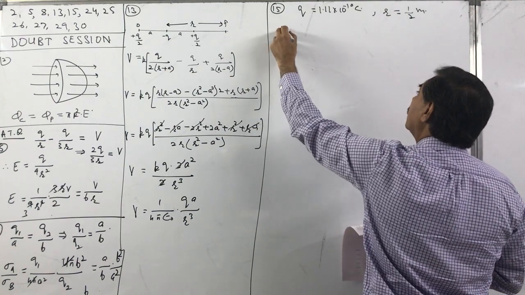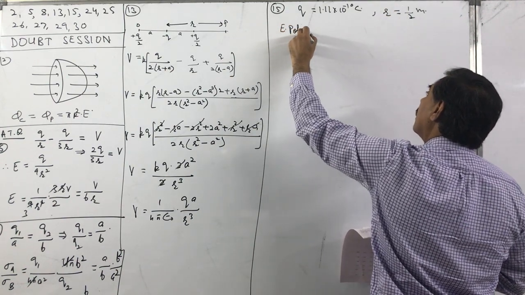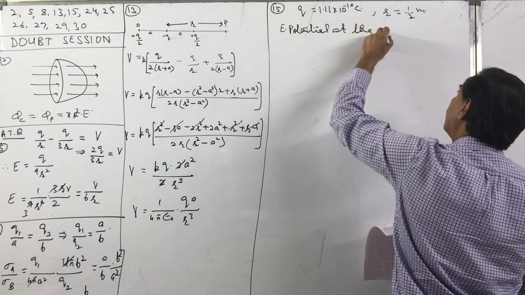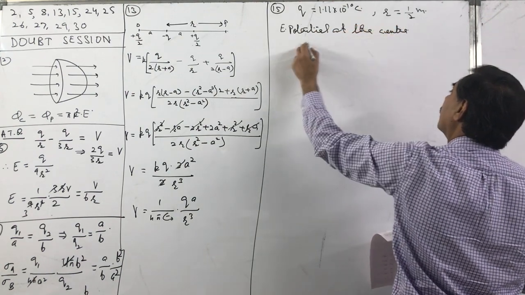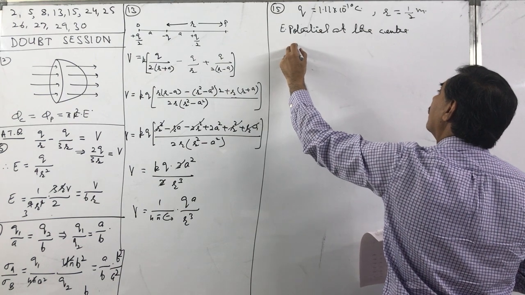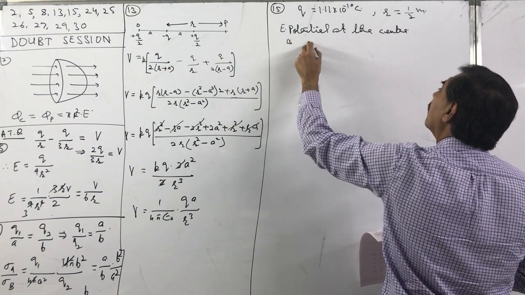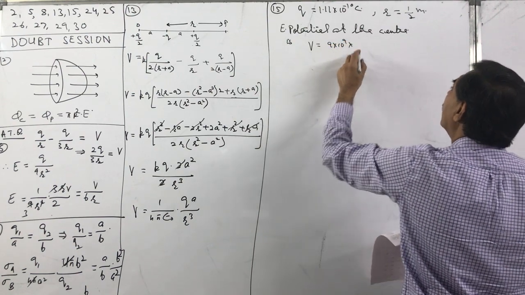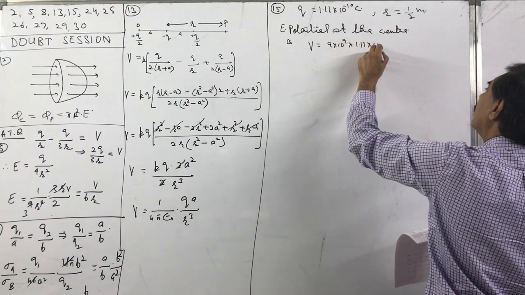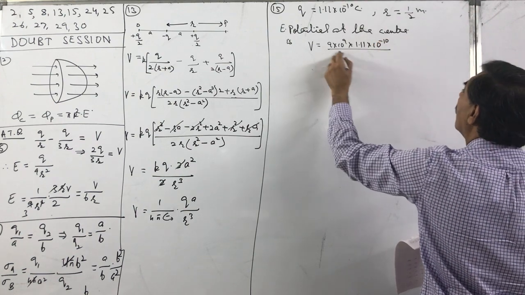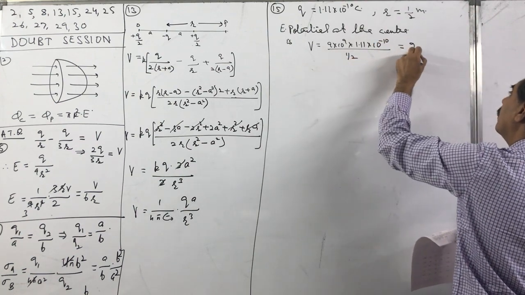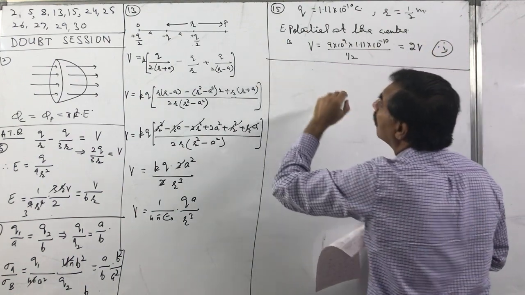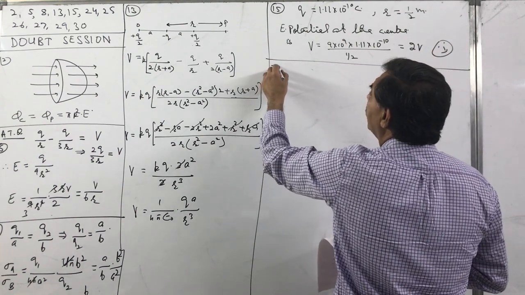Therefore, electric potential at the center is V equal to 9 into 10 to the power 9 into 1.11 into 10 to the power minus 10 upon half. This will give you 2 volts.